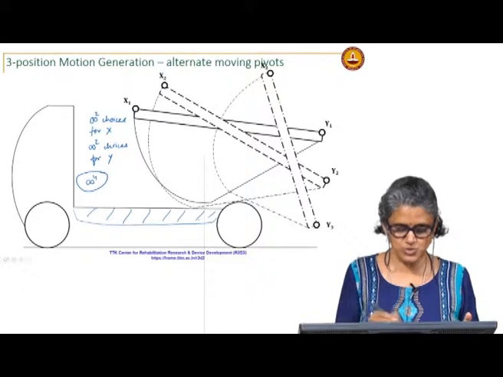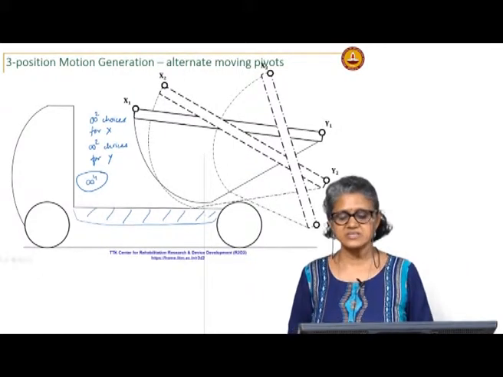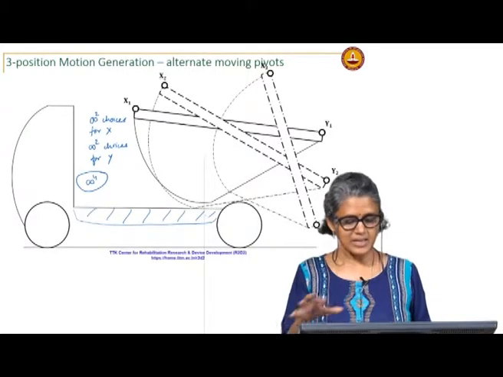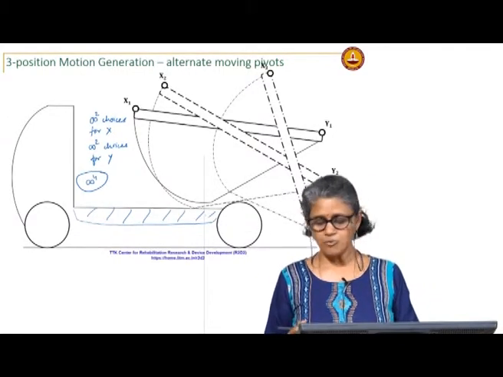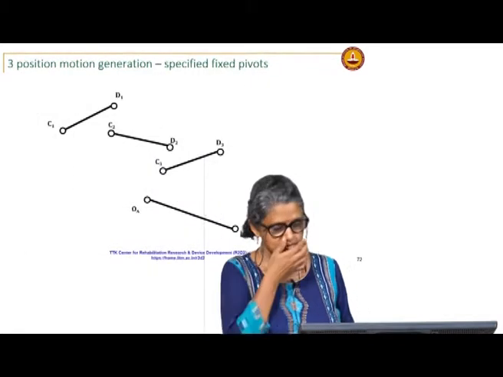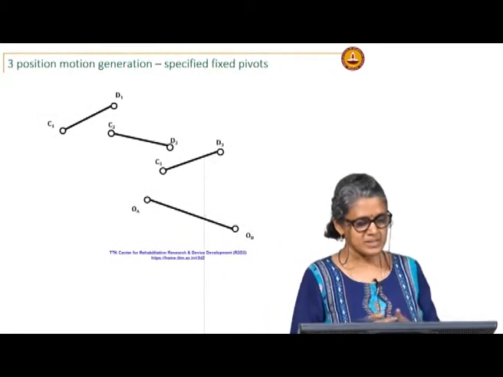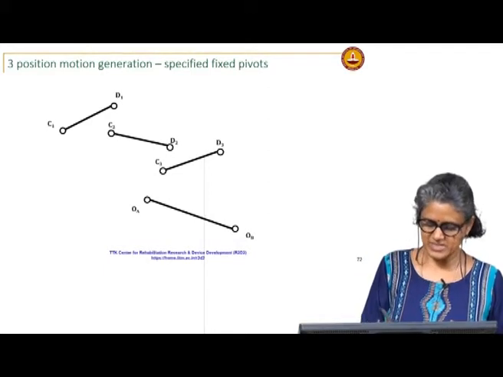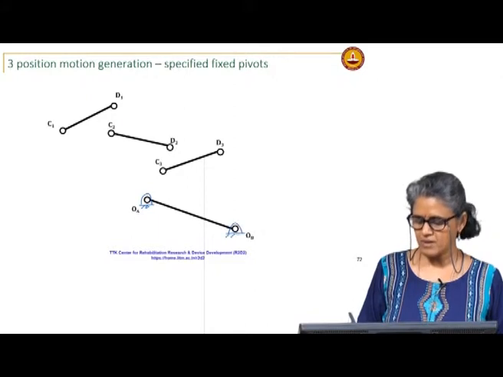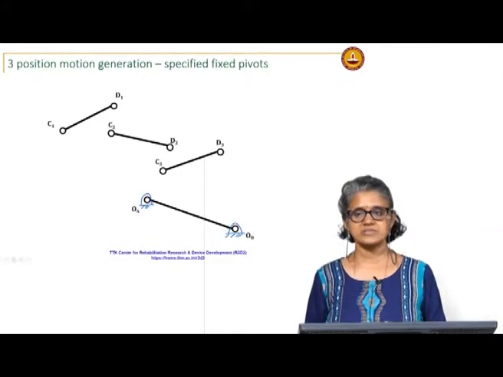So I may choose fixed pivots in that area, and now my task becomes, for the same problem, I have C1 D1, C2 D2 and C3 D3, and I am given the locations of the fixed pivots.